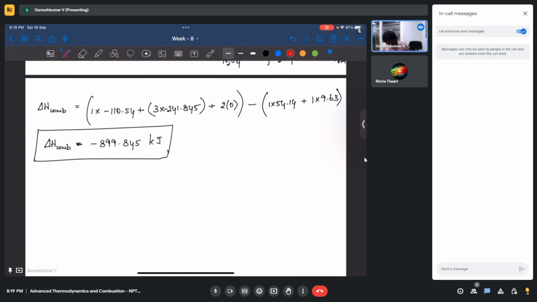The final one is adiabatic flame temperature. Third one, adiabatic flame temperature. How do we find adiabatic flame temperature?